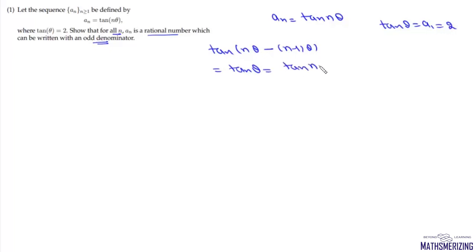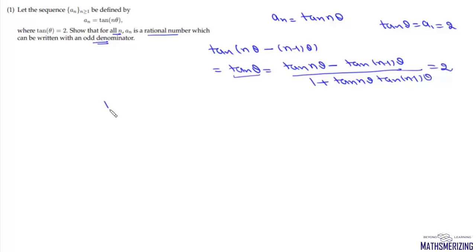So we'll write this as (tan n theta minus tan (n minus 1) theta) upon (1 plus tan n theta tan (n minus 1) theta). Then the question says the value of tan theta is 2. So we'll cross multiply, then we can write tan n theta minus tan (n minus 1) theta will be equal to 2 plus 2 tan n theta into tan (n minus 1) theta.